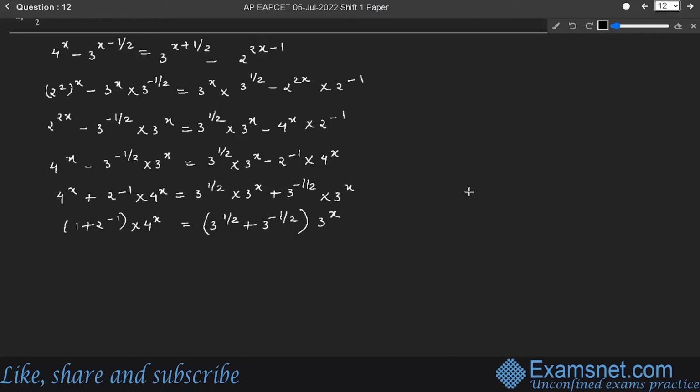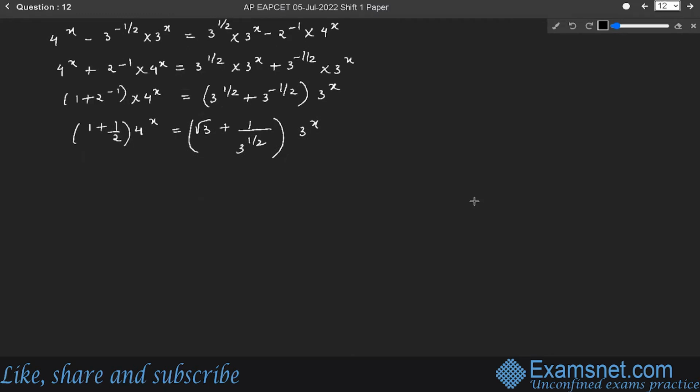Now, evaluating the power and rewriting the terms, it will be (1 + 1/2) into 4^x equal to (root 3 + 1/root 3) into 3^x. Further solving, it can be 3/2 into 4^x equal to (root 3 + 1) upon root 3 into 3^x.